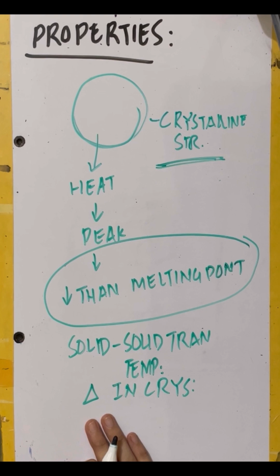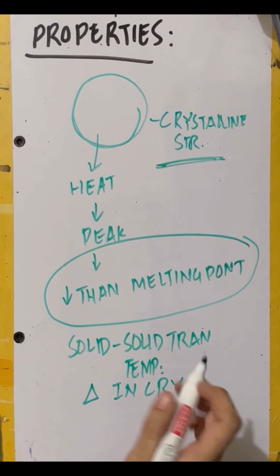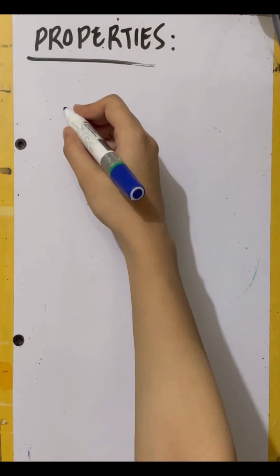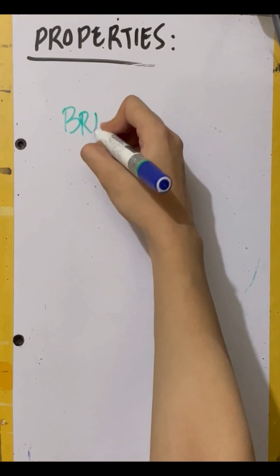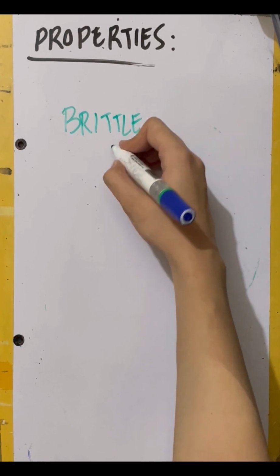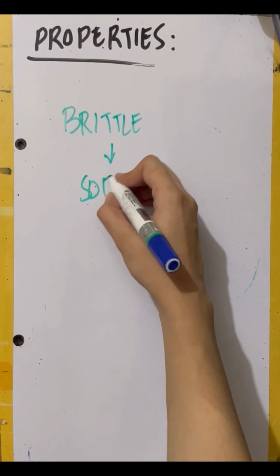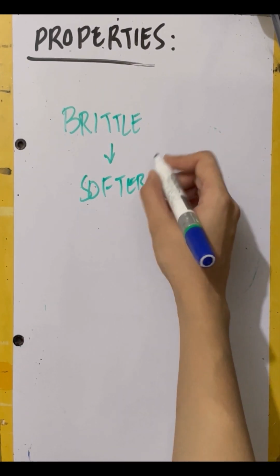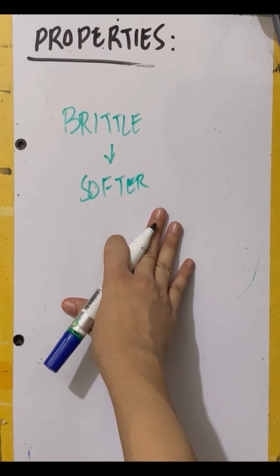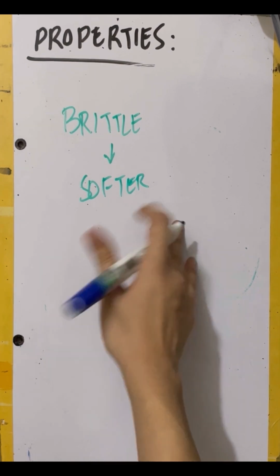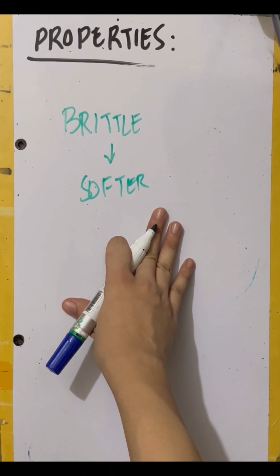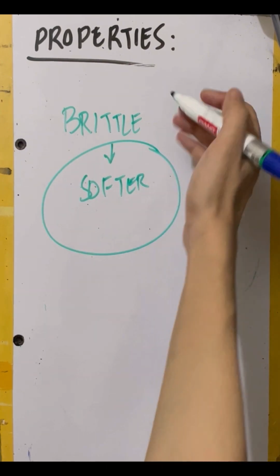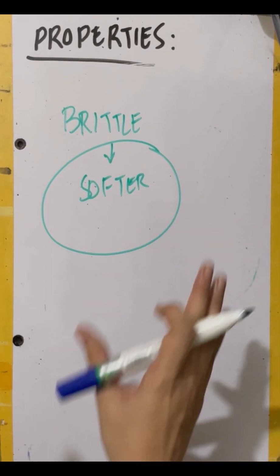The solid-solid transition temperature not only changes the crystalline structure, but also changes the mechanical structure, converting the brittle wax into moldable or softer wax. That's why it is called the solid-solid transition temperature, because it changes the brittle wax to a softer wax.